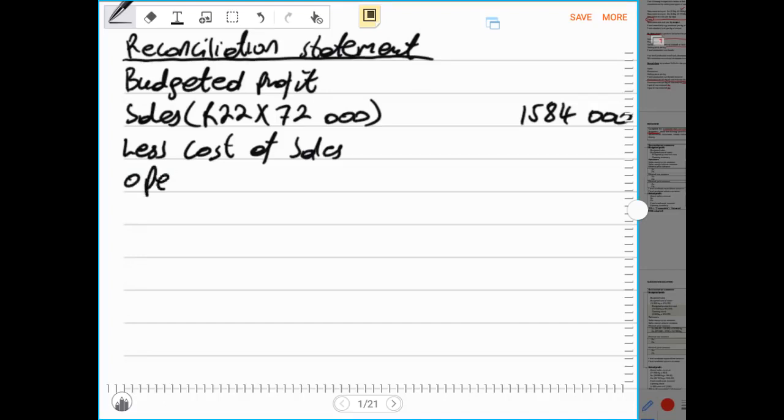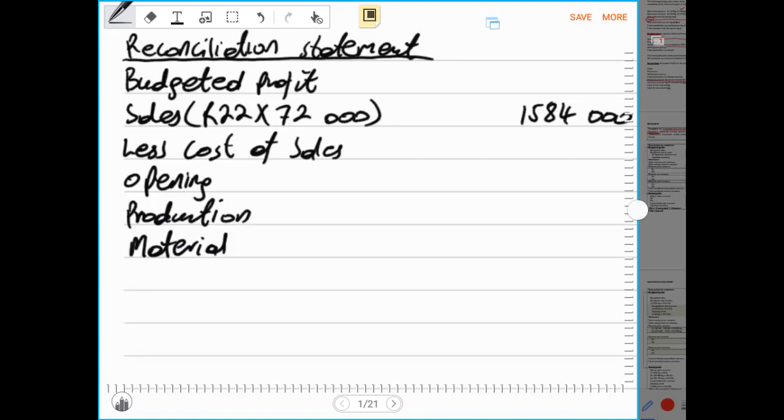Then cost of sales is made of opening inventory plus production, and I want to say plus production. And our production will be made of material. Under material, we had two types of material, material saw and material da.